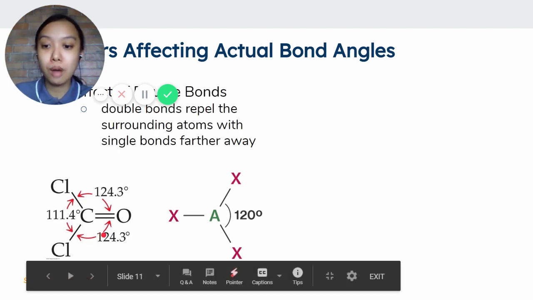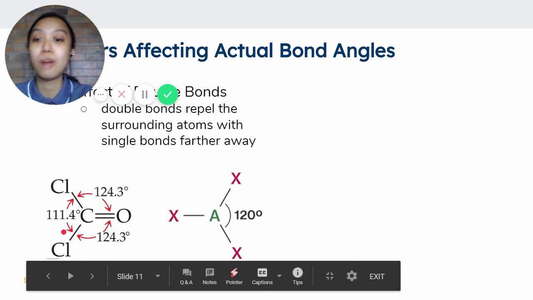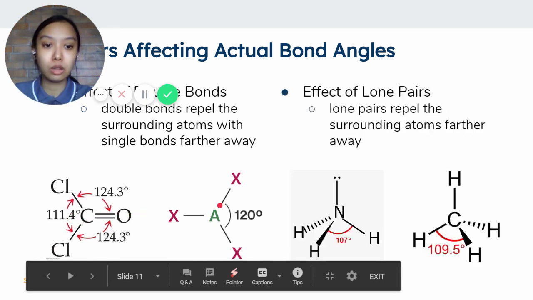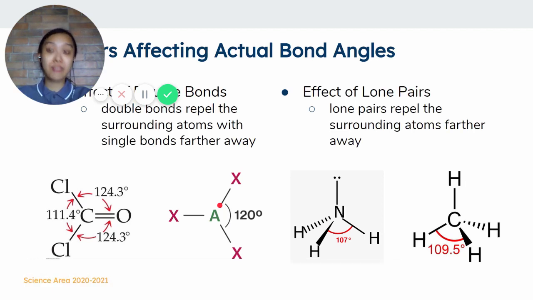So if you notice here, the angle between the double bonded O and the single bonded chlorine is greater than the angle between the two single bonded chlorines. Aside from that, lone pairs also tend to affect the surrounding atoms. In a way, they also tend to push other atoms away.